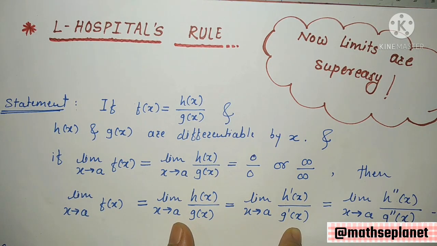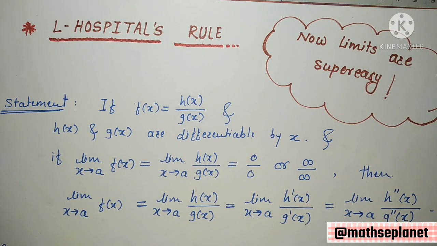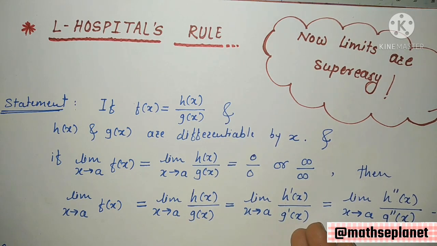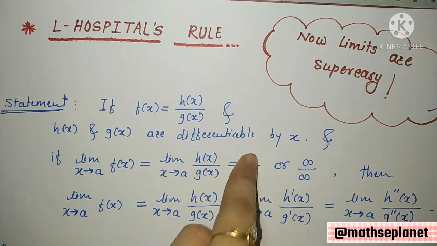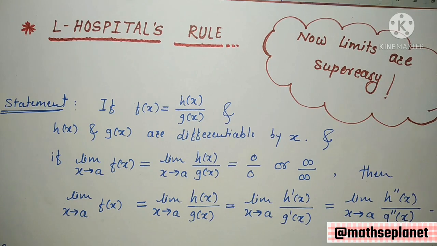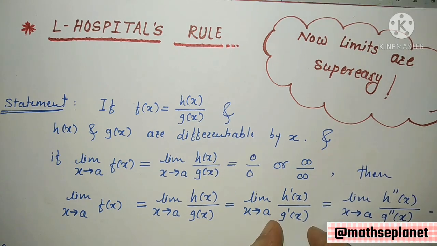If after differentiating numerator and denominator and putting x equal to a in this function you still get 0 by 0 form or infinity by infinity form, then you can differentiate again.